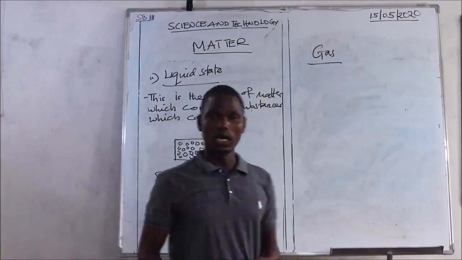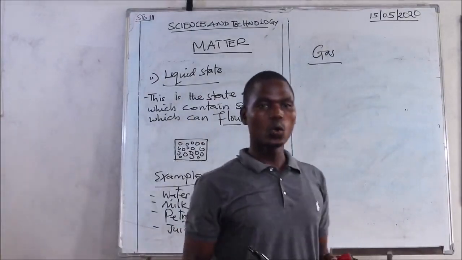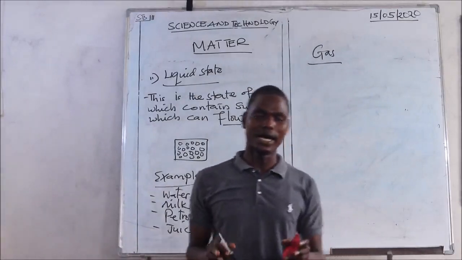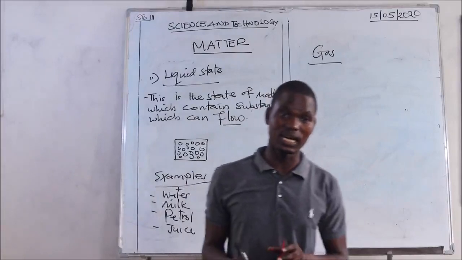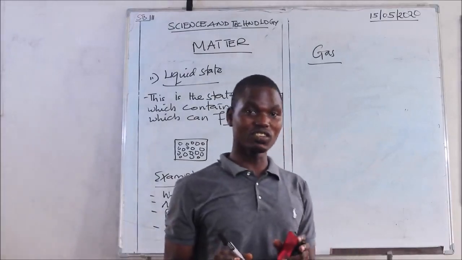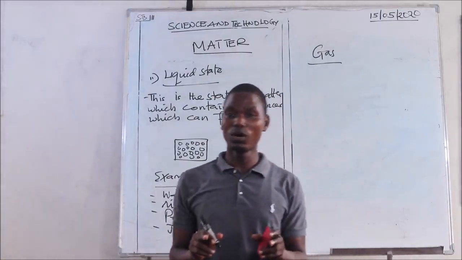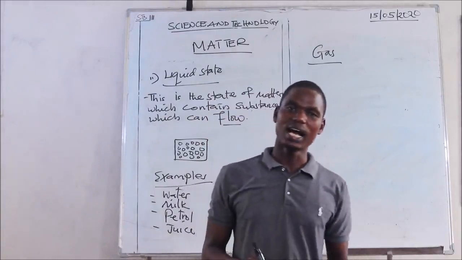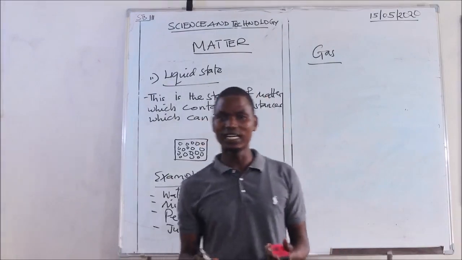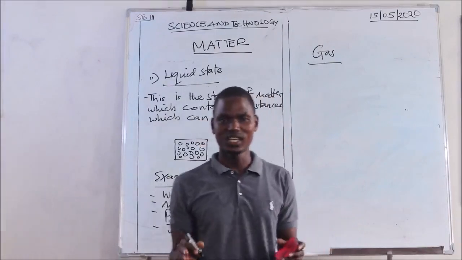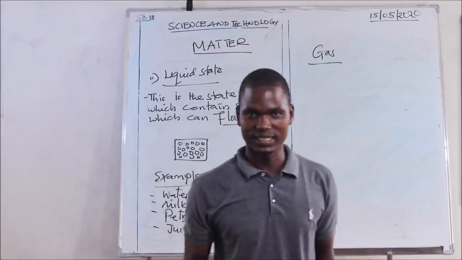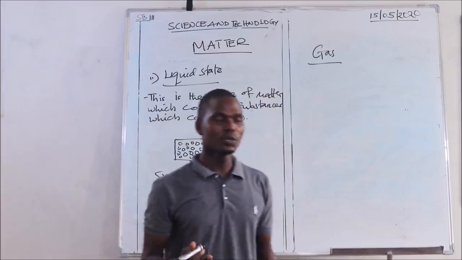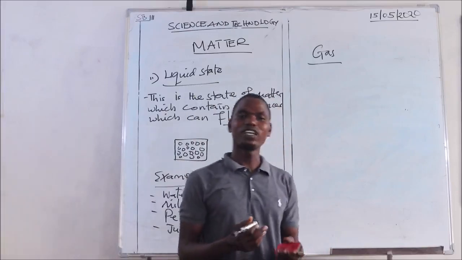Gas is the state of matter whose molecules are far apart compared to the two states of matter that we have discussed. Gaseous state of matter is the state whose molecules are very far apart, and that is why we even have difficulty seeing a gas or touching it, but rather we can just feel it. You cannot see gas because its molecules are very far apart.